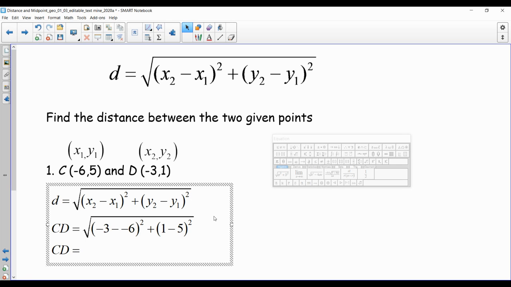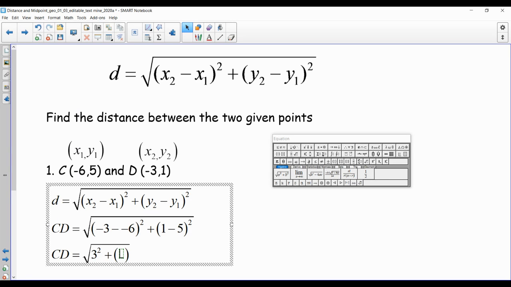CD equals square root of. Now, what is 3 minus negative 6? That's negative 3 plus 6, which is going to be 3 squared. Plus, again, be careful here. Negative 4 squared, right?